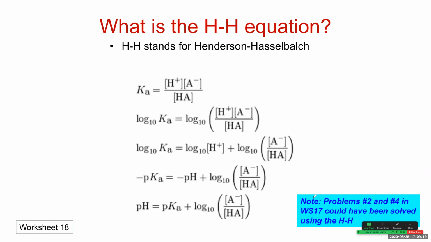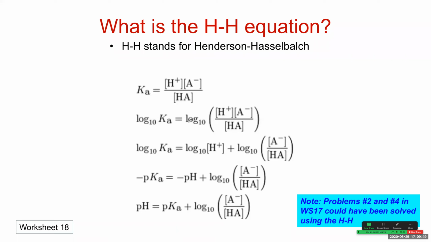So what is this HH equation? HH stands for the Henderson-Hasselbalch equation. These are two chemists that studied pH in biological systems in the early 1900s. It's derived from our equilibrium expression for acids: K equals [H+] times [A-] over [HA].